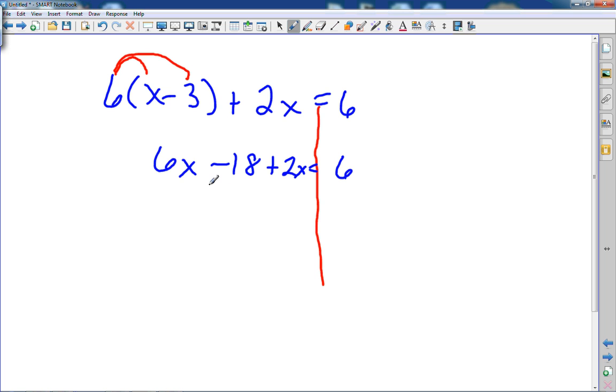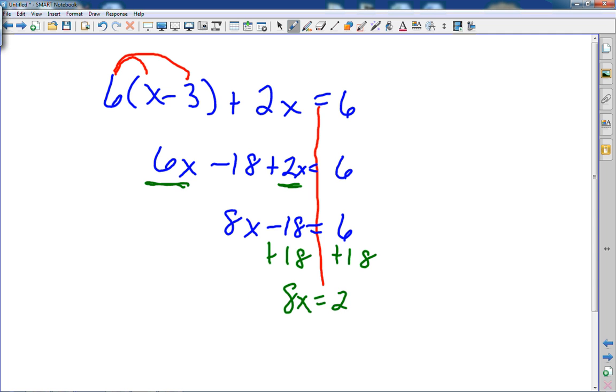Now, on the left-hand side, put together the like terms. These two go together. I get 8x minus 18 equals 6. Add 18 to each side. 8x equals 24. I'm going to divide by 8. X equals 3.